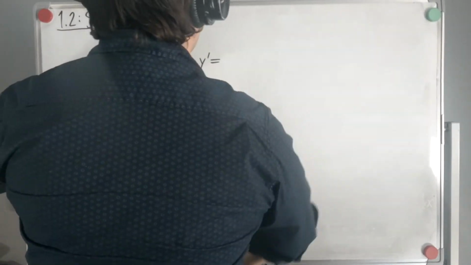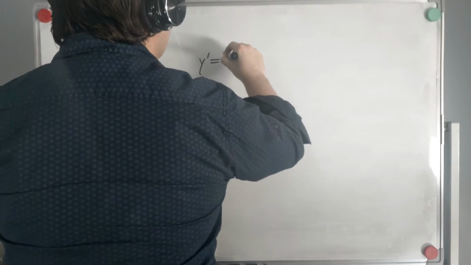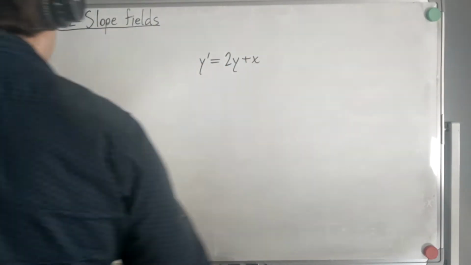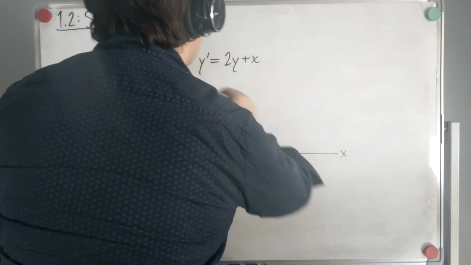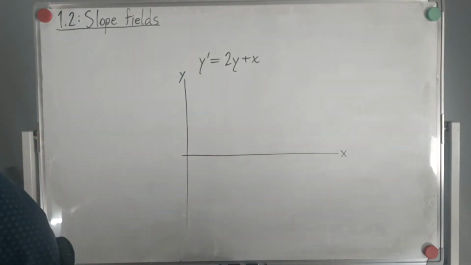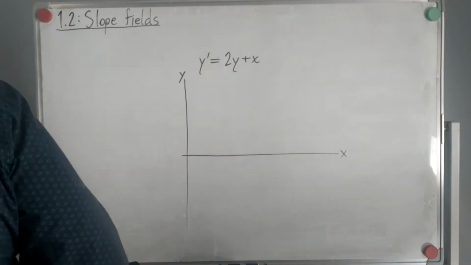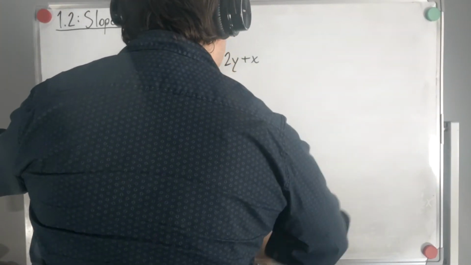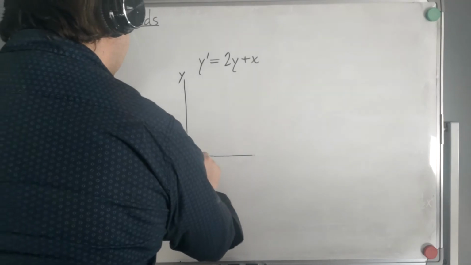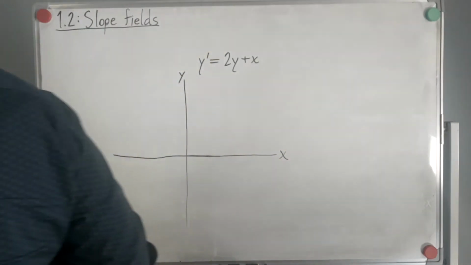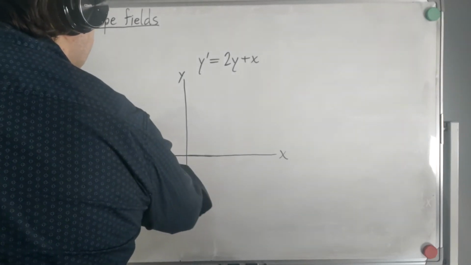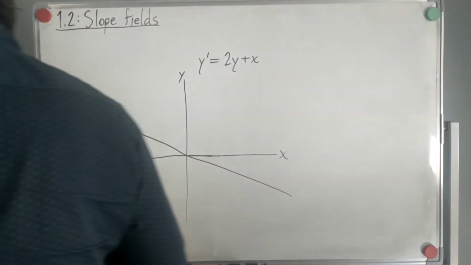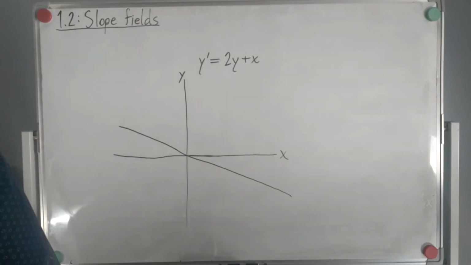If we have something like y prime equals 2y plus x, and you graph the general solution, you have y as a function of x. What you're going to find is there's going to be a single line that looks kind of like that, and that's going to end up being one solution.